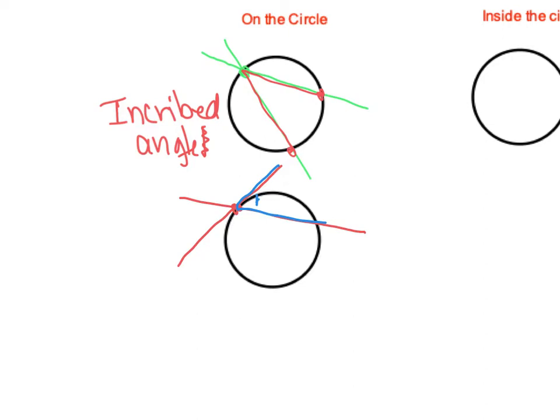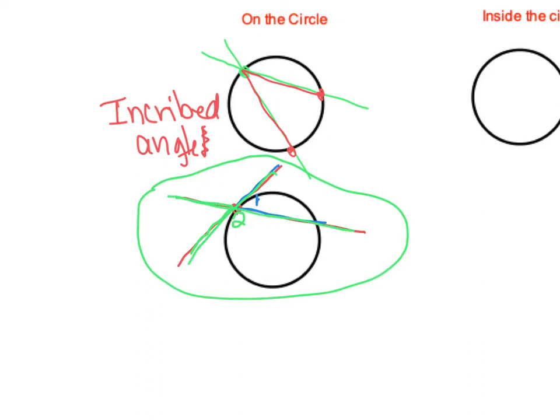And then we have this other angle here, which we'll call angle 2. We're going to look at what happens with those angle relationships when you have a tangent line and a secant that create those 2 angles. We'll look at that first.